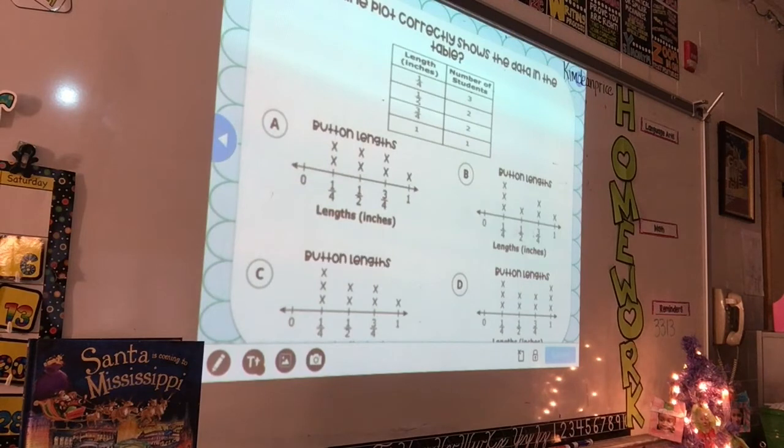All right, last one. All right, so which line plot correctly shows the data in the table?